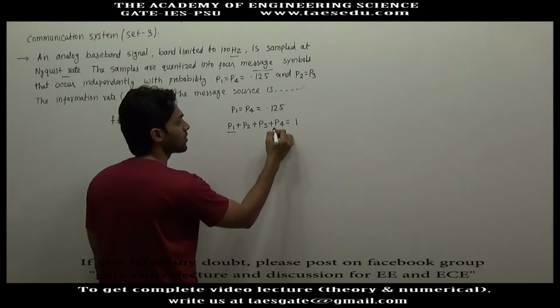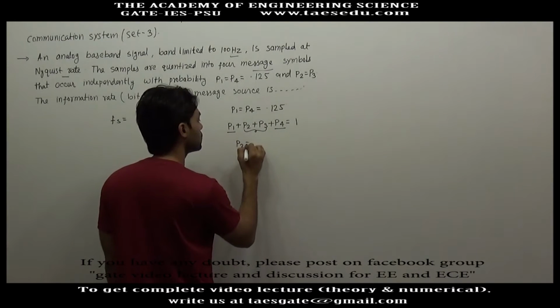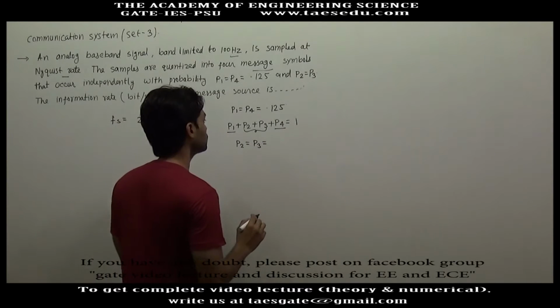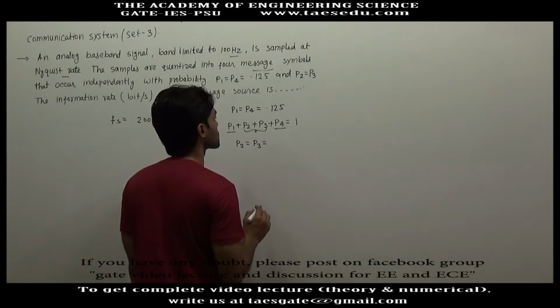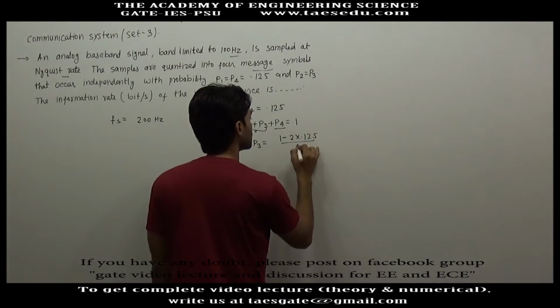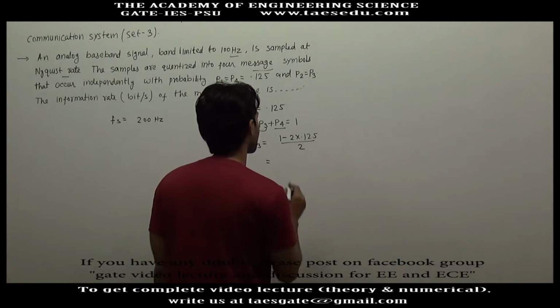P1 is 0.125, P4 is also 0.125, and P2 and P3 are equal. So P2 equals P3, which equals (1 minus 2 times 0.125) divided by 2.